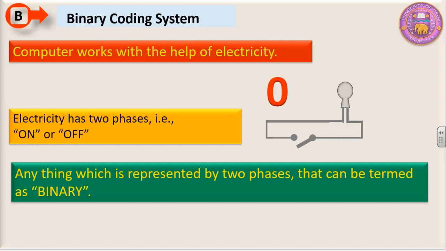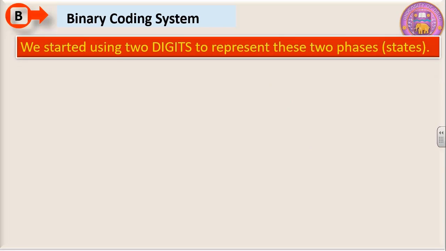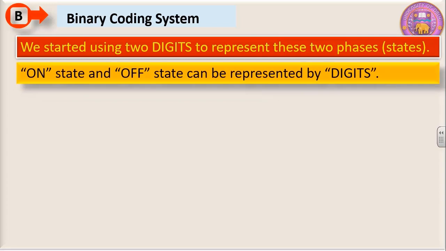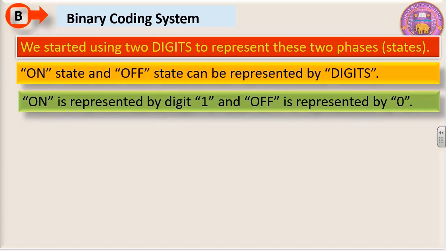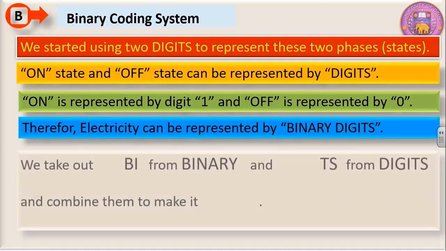Anything which is represented by two phases, that can be termed as binary. So electricity is represented by binary, that is two phases. We started using two digits to represent these two phases. On state and off state can be represented by digits. On is represented by digit 1 and off is represented by 0. Therefore, electricity can be represented by binary digits.